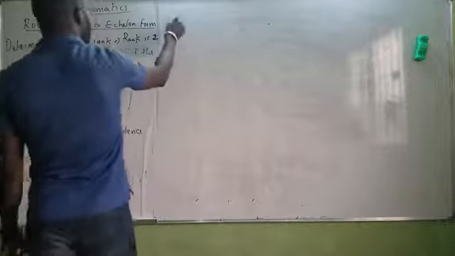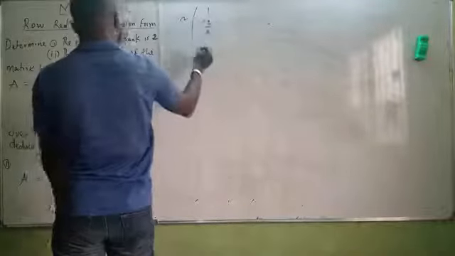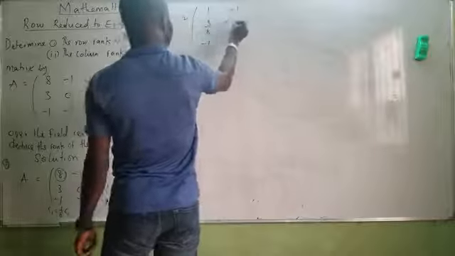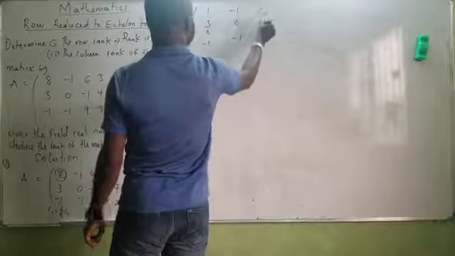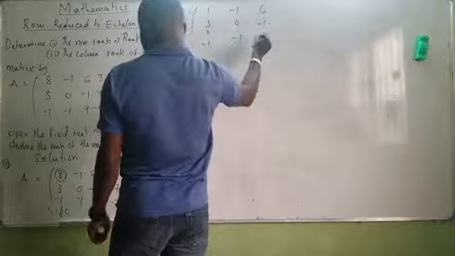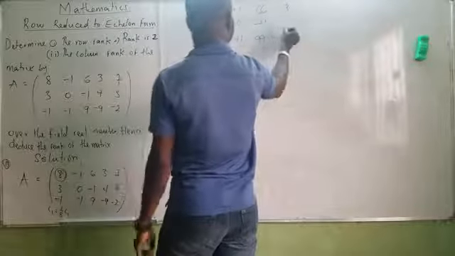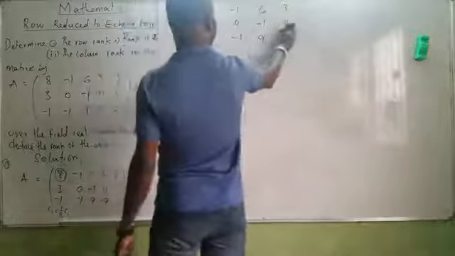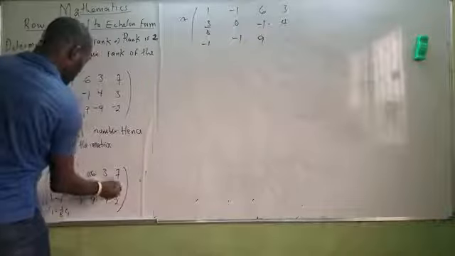It means it will now be reduced to 1, 3 all over 8, and minus 1. Return order 1, 0, minus 1, and 6, minus 1, 9, and 3, minus 1, 3, 4, this is going to be 3.